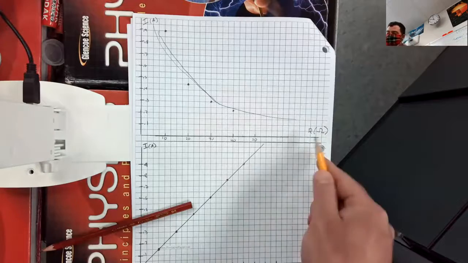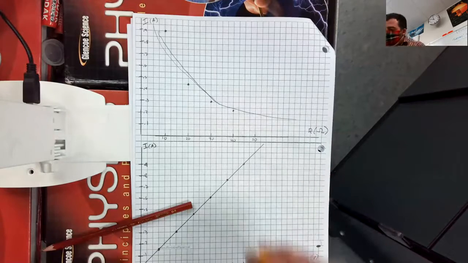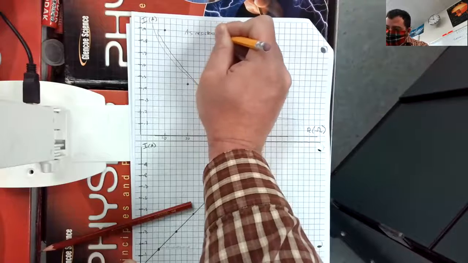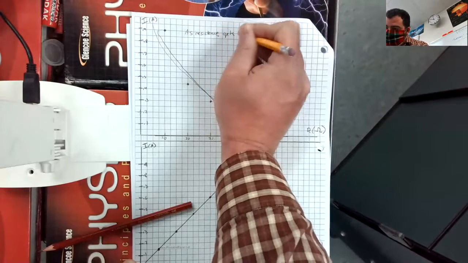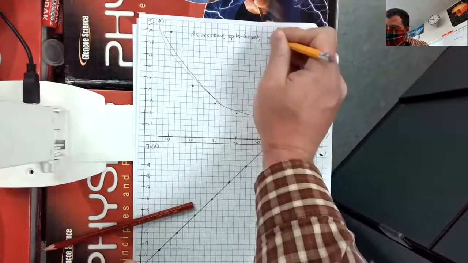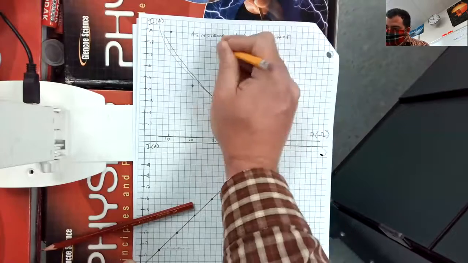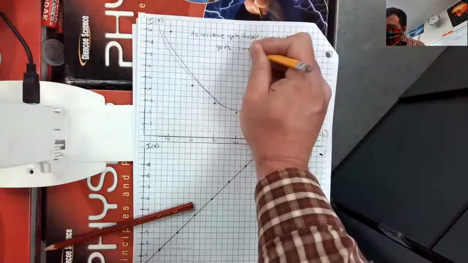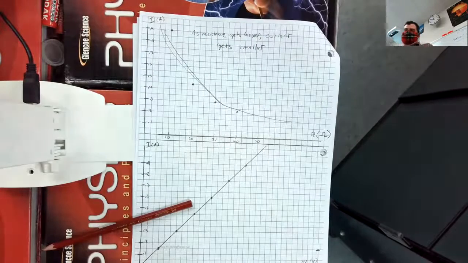So let's start with a sentence. I think this can help. As resistance gets bigger, current gets smaller. Awesome. So if you were going to try to think of a mathematical way to describe this using the word proportional, what kind of proportionality does that sound like?